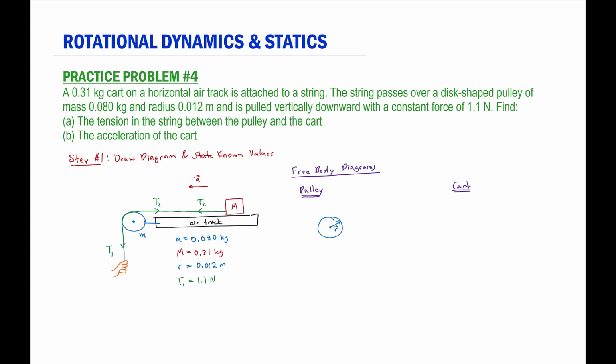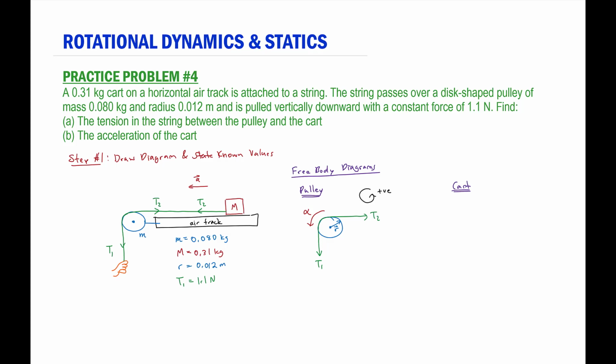We also have angular acceleration going this way, and we'll assume that the counterclockwise direction is positive. We also know that the pulley experiences T1 going this way and another tension T2 going this way.